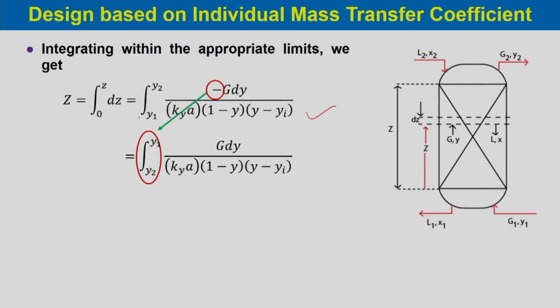If we change the limit from y2 to y1, this negative sign will be absorbed. So, we will have integral y2 to y1 of G dy divided by kya (1 minus y) into (y minus yi).